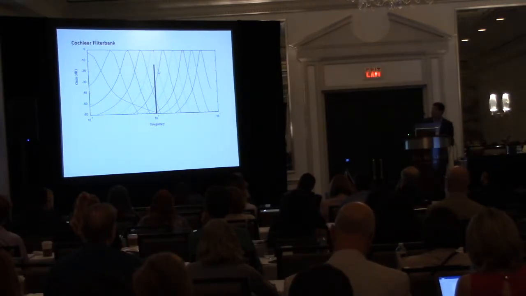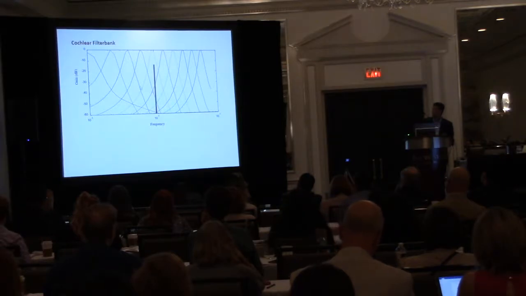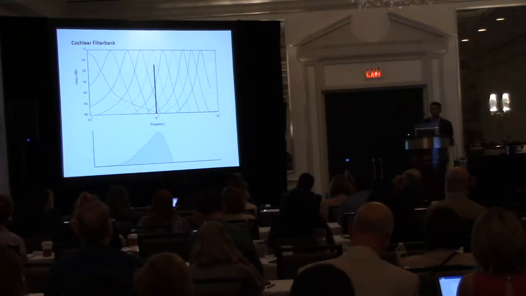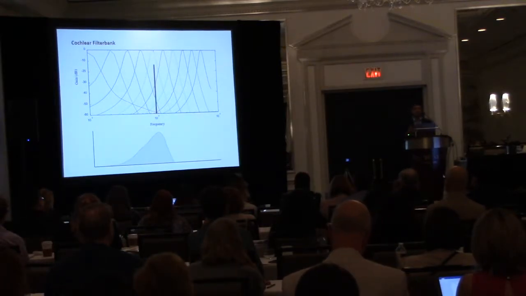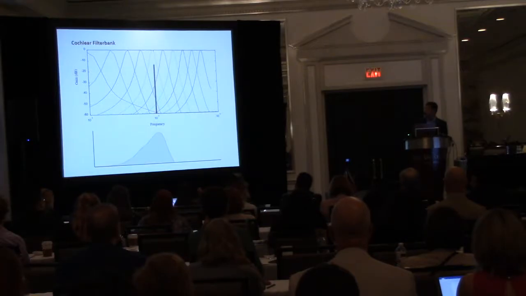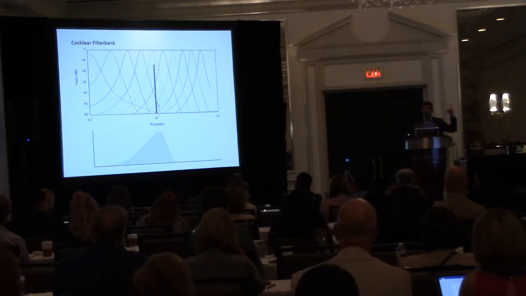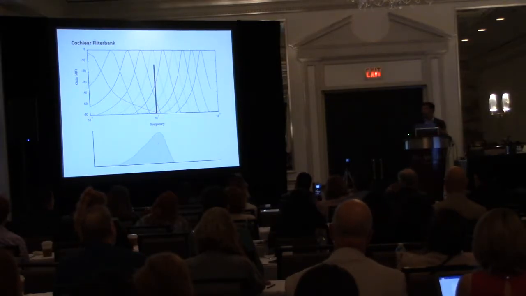It's catching the tail of this filter and a little bit of that little blue filter right here, a tiny amount from this filter, and the same thing on the low frequency side. So what I get out of the auditory system into the eighth nerve is something that looks more like this. So it's a non-linear transformation of what's going in. What went into the ear is one frequency, one sine wave. What comes out of the ear is something that's better represented like this.